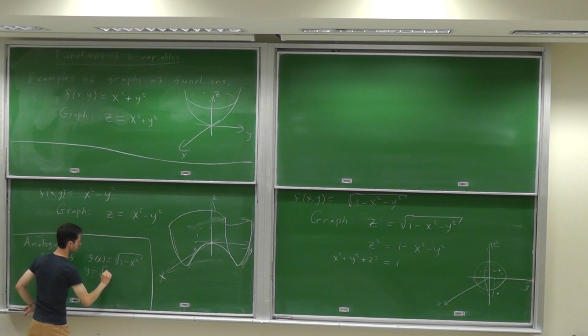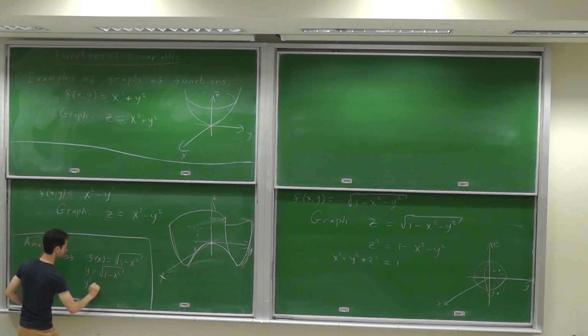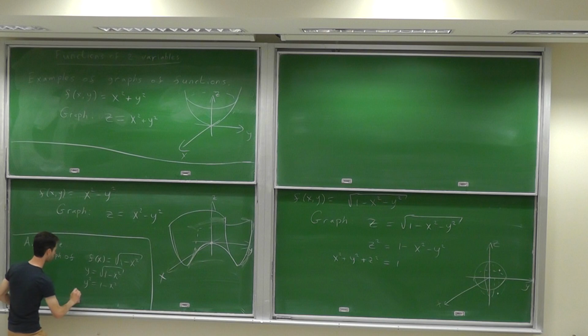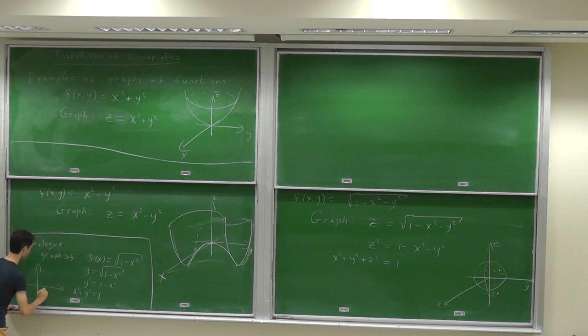It's y equal to square root of 1 minus x squared, or in other words, y squared is equal to 1 minus x squared, or x squared plus y squared equal to 1. Well, it's a circle. But once again, the same problem. A circle is not a graph of a function. A graph of a function should assign to one value of x just one value of y, not two different values of y.